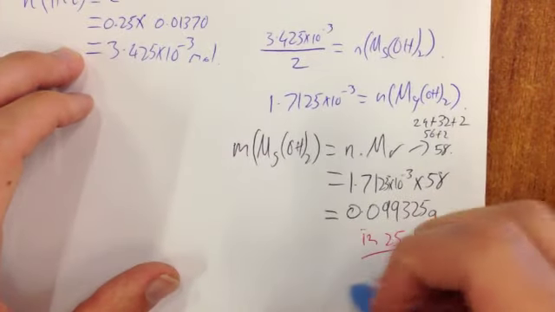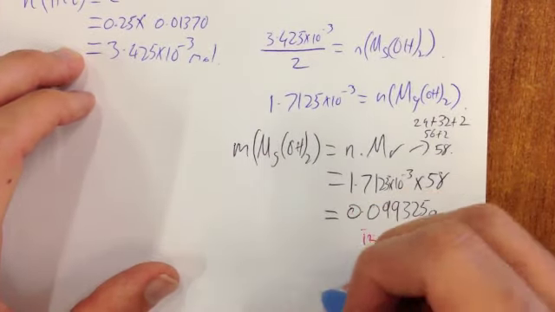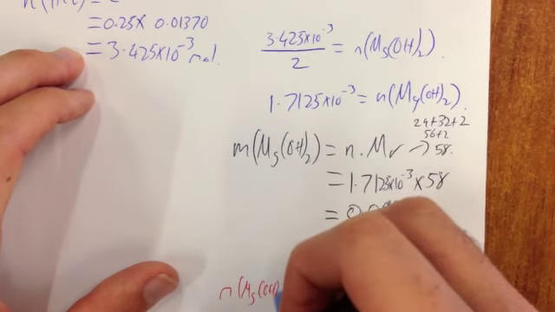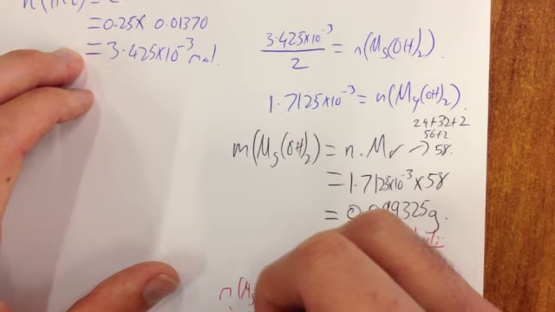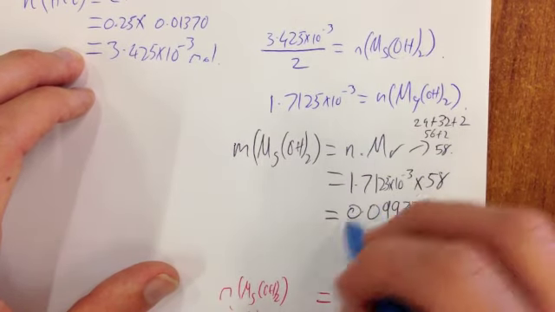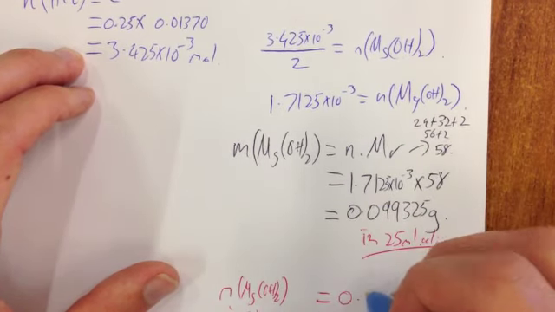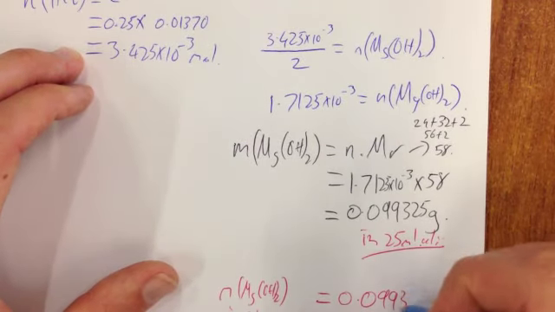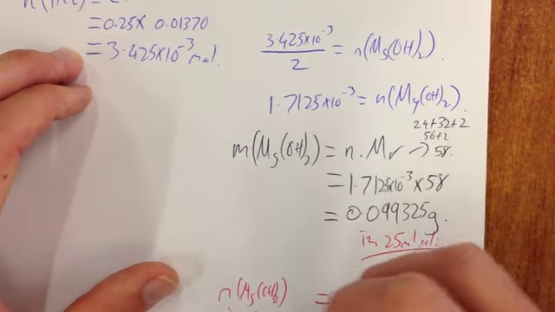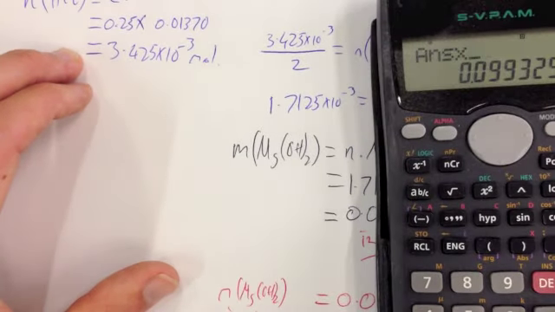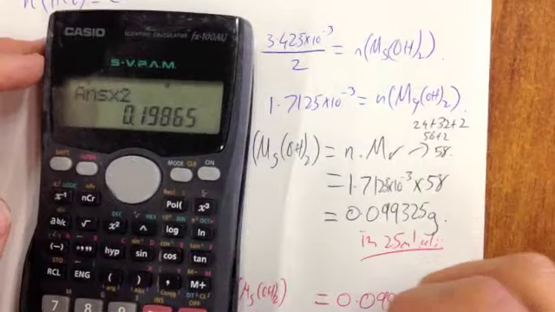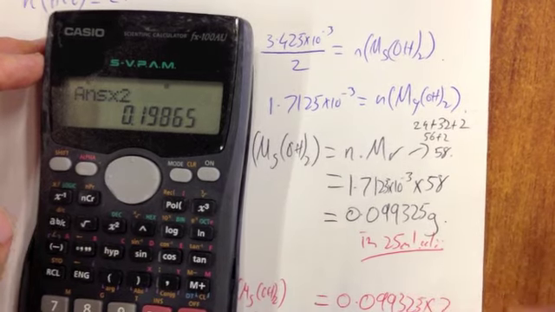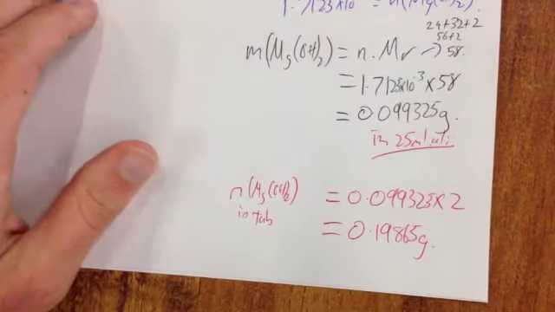So really, my mass of Mg(OH)2 in the tablet will be twice this amount. I'll write it down here properly, 0.099325 times 2 equals 0.19865 grams is actually in my tablet.